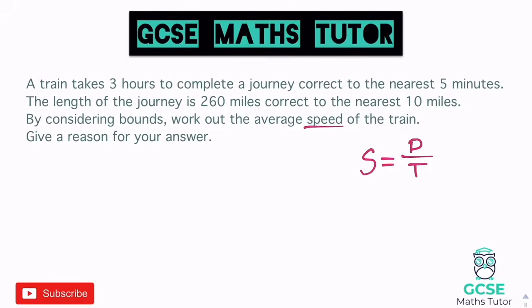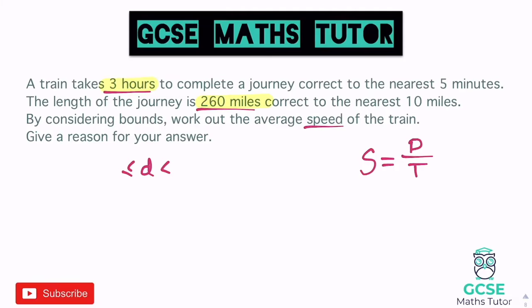Now we've got our fraction scenario going on, and we've got different elements going on in the question here. So we've got the distance, which is the length here, so we've got 260 miles. Let's highlight that, that's our distance. And we've also been given a time, so 3 hours, and that's to the nearest 5 minutes. So if we actually start to write these down, let's do the error interval of d, so for the distance. Right, so I'm going to put d there just to remind myself that's the one.